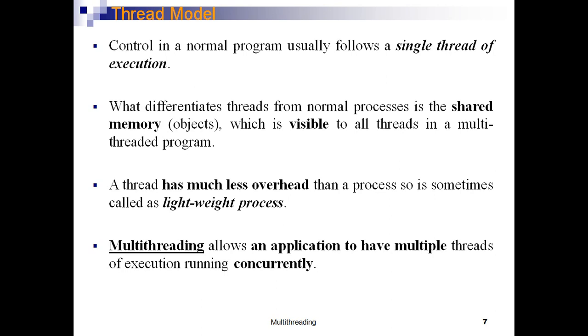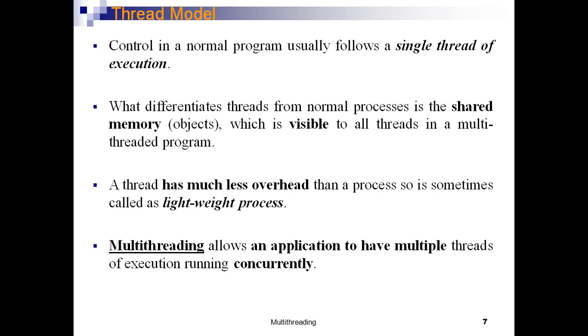So a thread has much less overhead than the process. So it is sometimes called a lightweight process. Obviously, assistants don't have as much responsibility as the electrician has. In the same way, the thread doesn't have much responsibility.